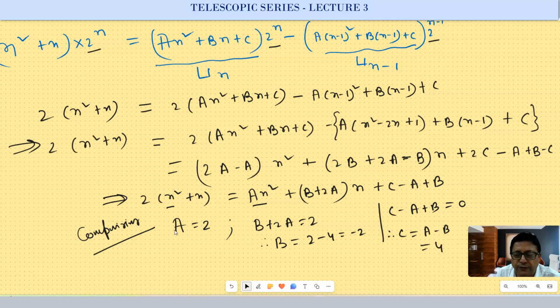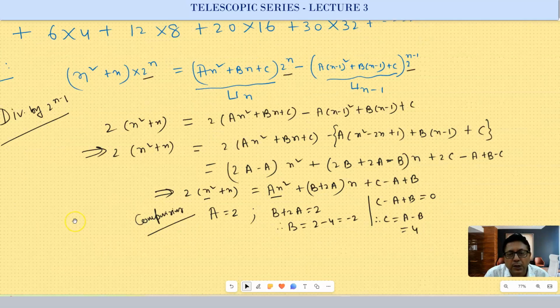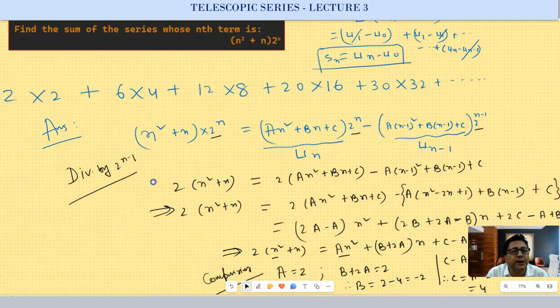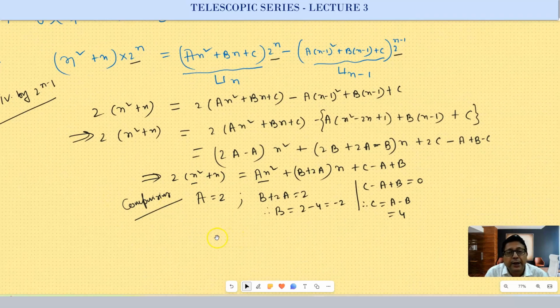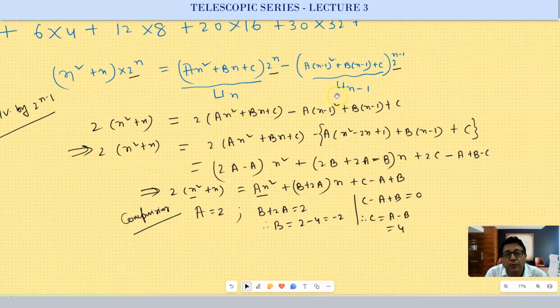This is 4. Now we can check that the nth term of this series, which we have written in this form, can be expressed in the form un minus un minus 1. Why? Because a, b and c, all three you got.